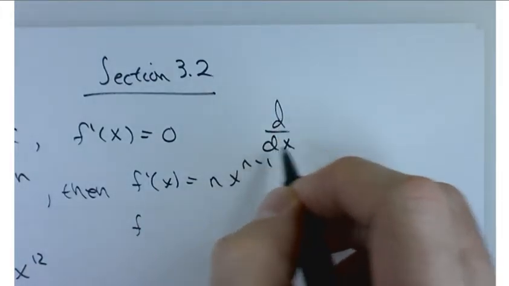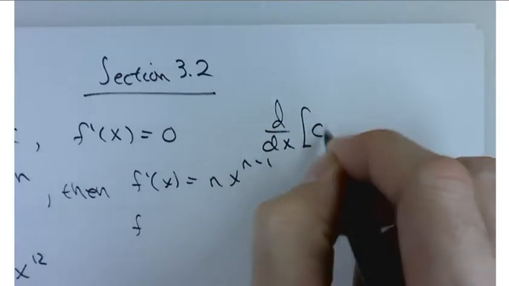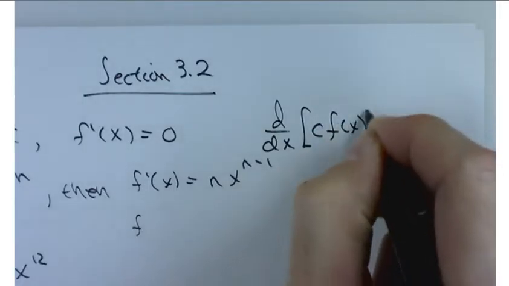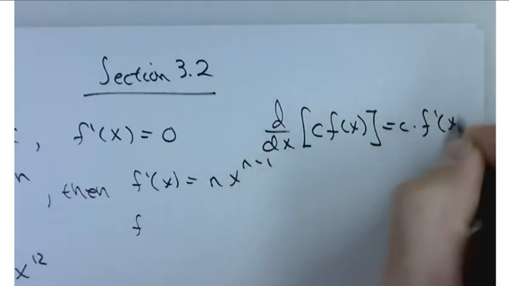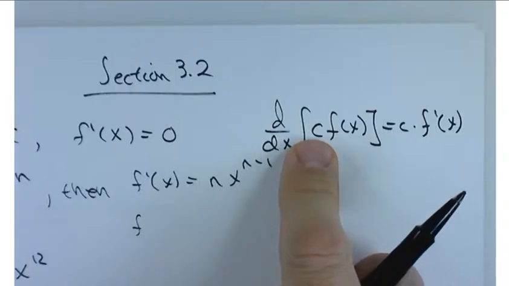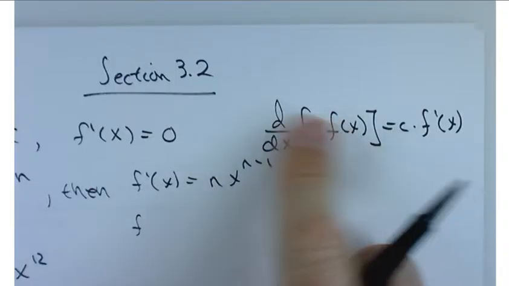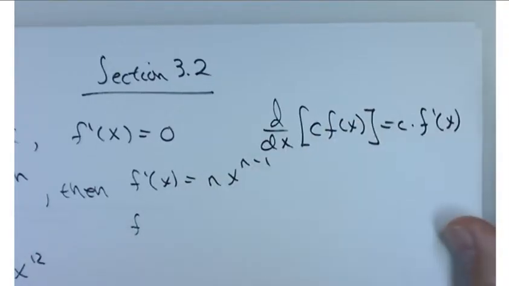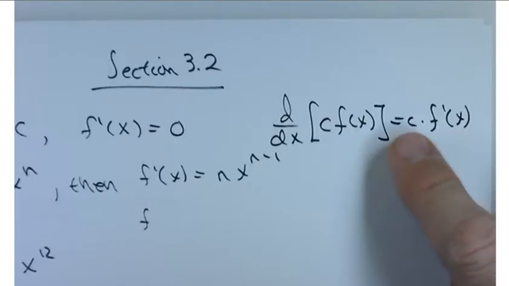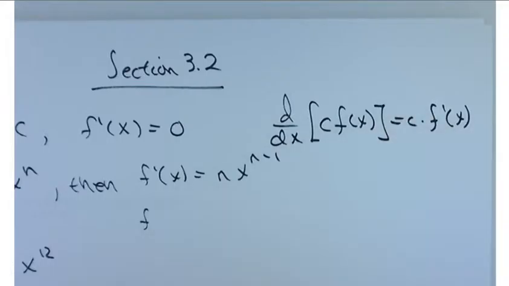The derivative with respect to x of a constant times f of x is the constant times the derivative. So constant times f prime of x. Basically, you can ignore the constant. You kind of pull it out, you take the derivative of f, and then you just multiply by the constant anyways. So that's kind of a nice little feature about differentiation. Constants don't really do a lot in terms of affecting the derivative.